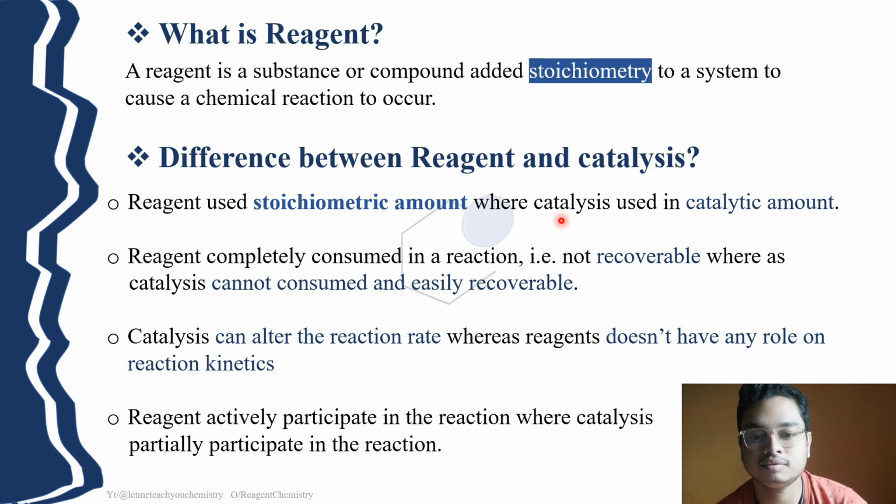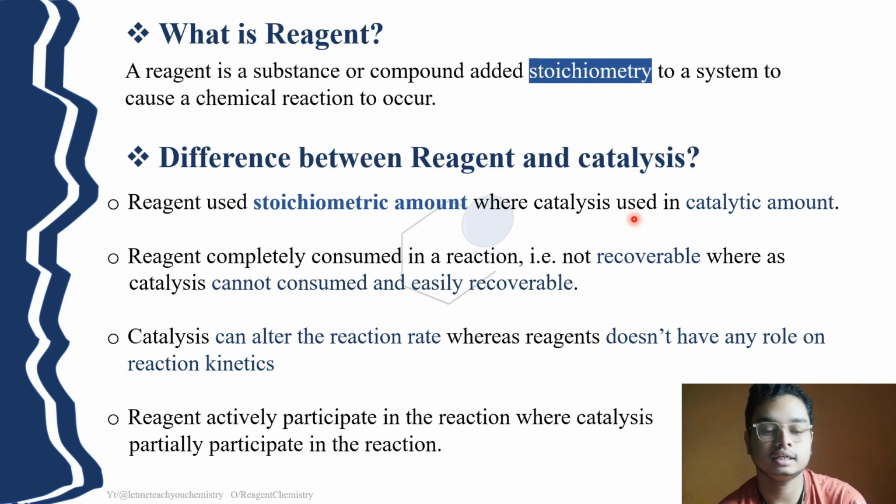But in the case of a catalyst, we use a catalytic amount. If your substrate is used at 1 millimolar, then your catalyst may be at 0.001 millimolar. This is the foremost difference between a reagent and a catalyst.